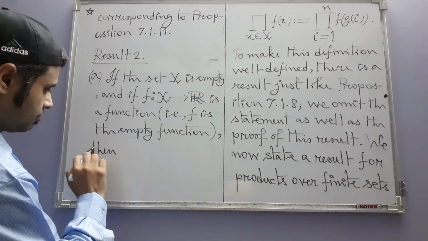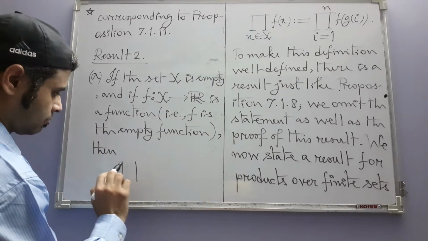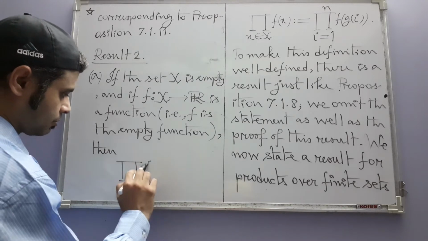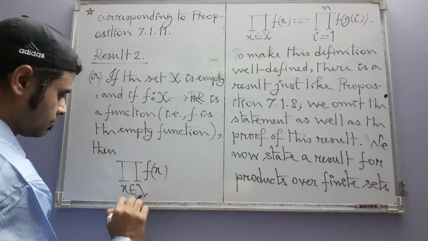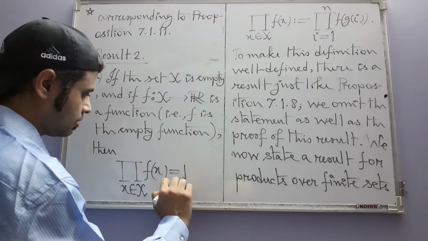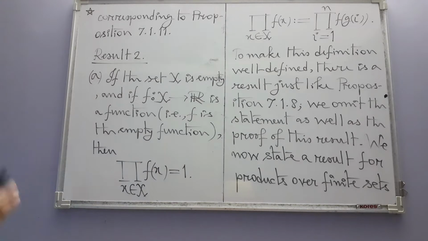Then the product of f of x as x varies over X is 1, not 0.